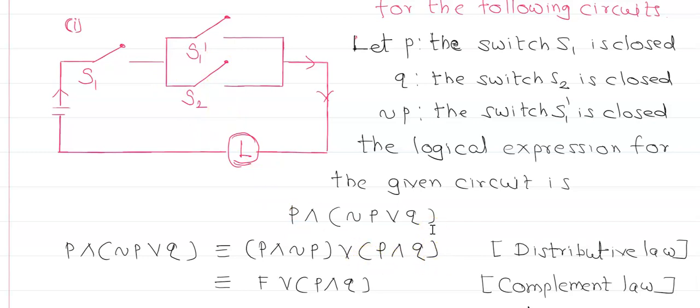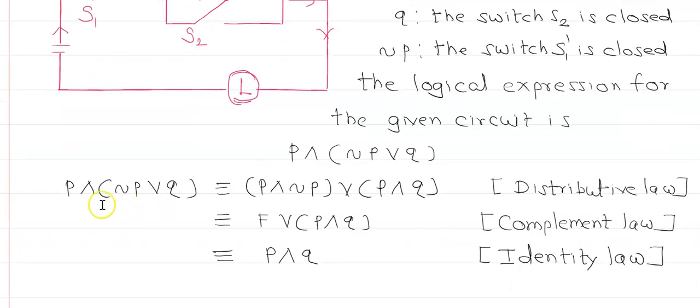Now we will solve this statement. P and negation of P or Q. Here AND is distributed over OR. That is P and negation of P or P and Q. This is the distributive law.